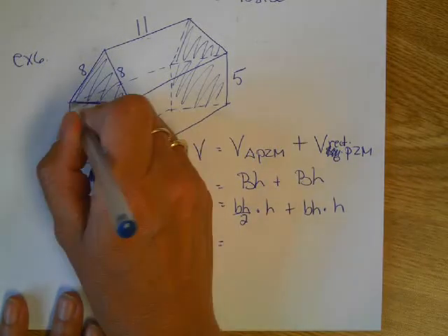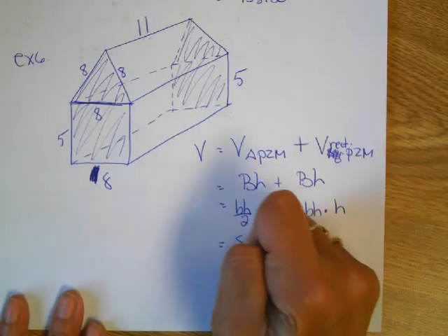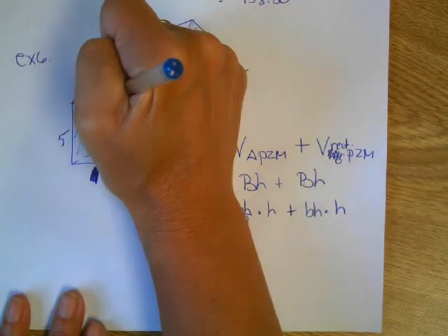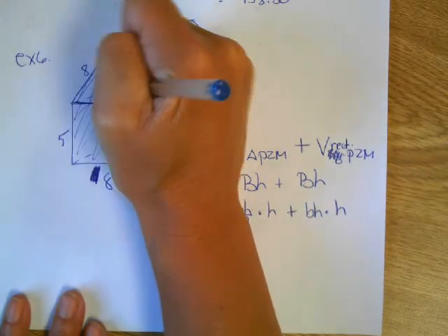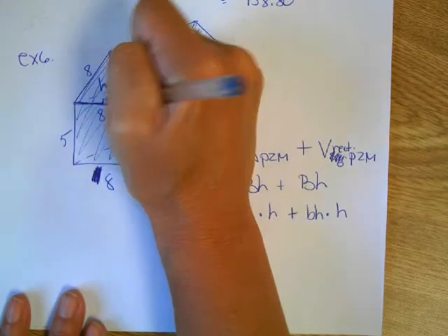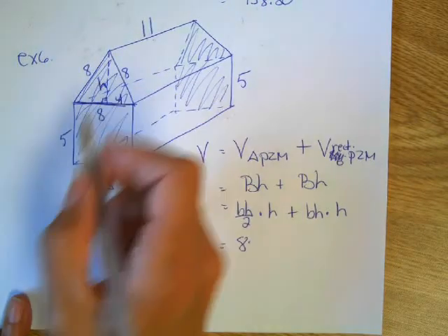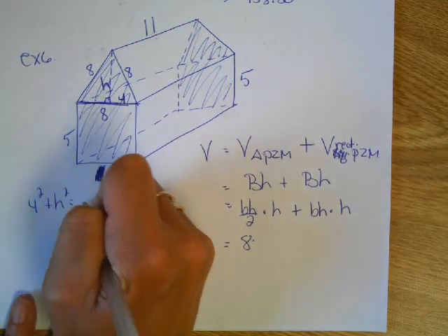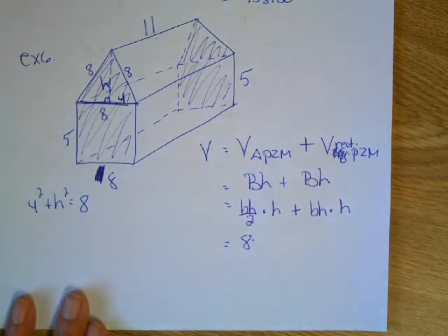So back to this. The base of the triangle is 8. Height is missing. We got a 4. We'll have to do a little Pythagorean theorem. So I'll do that off to the side here. 4 squared plus H squared equals 8 squared.